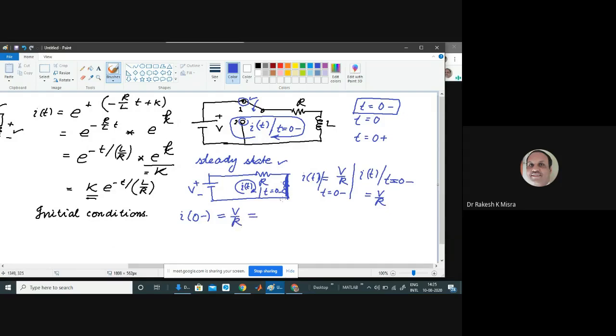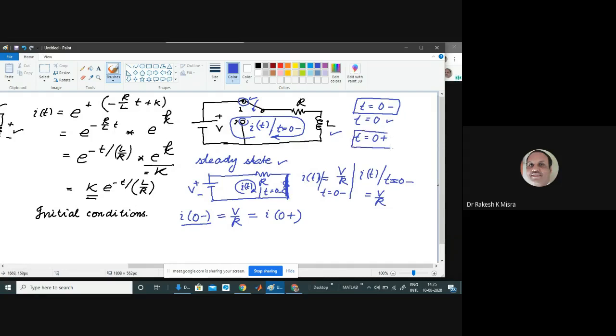And the property of an inductor is that whatever is the current at 0 minus will be the current at i(0 plus), meaning just after coming to position number 2, after t equal to 0.